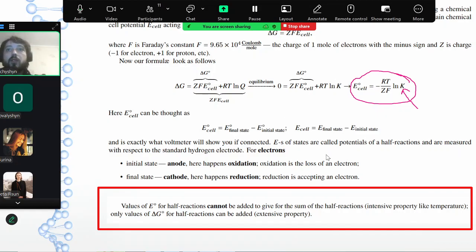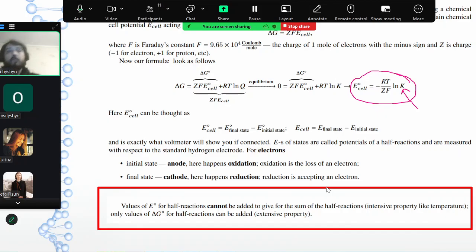For electrons, the initial state is the anode. Here oxidation happens, and oxidation is a loss of an electron. So electrons are lost on the anode. The final state is the cathode. Here reduction is performed, and reduction is accepting of an electron. Values of E naught for half reactions cannot be added to give the sum of the half reactions.